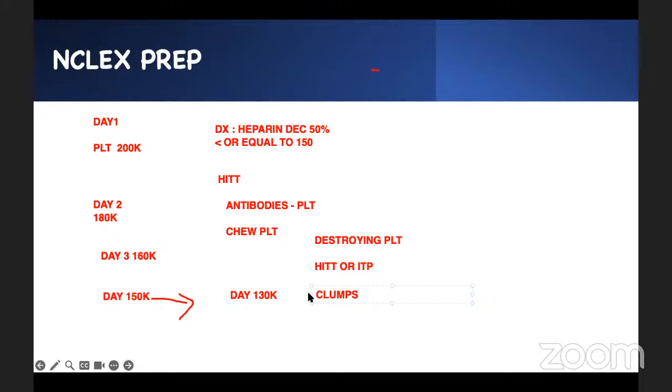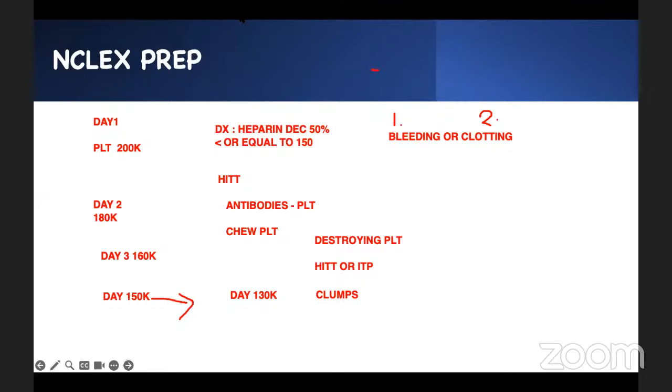When a large amount of platelets come together, what do you think that leads to? Do they have a bleeding problem or a clotting problem? Which one?